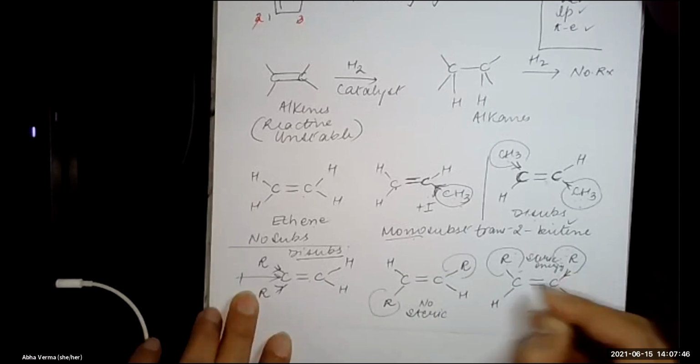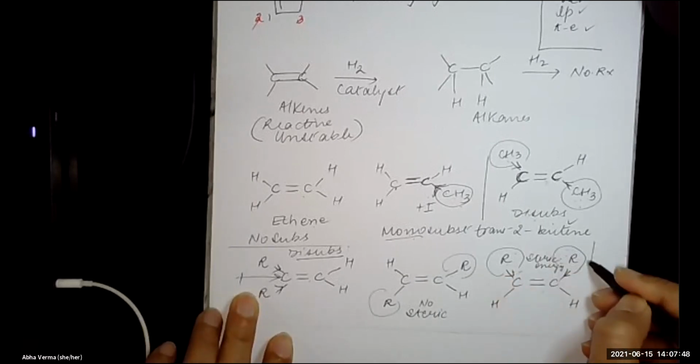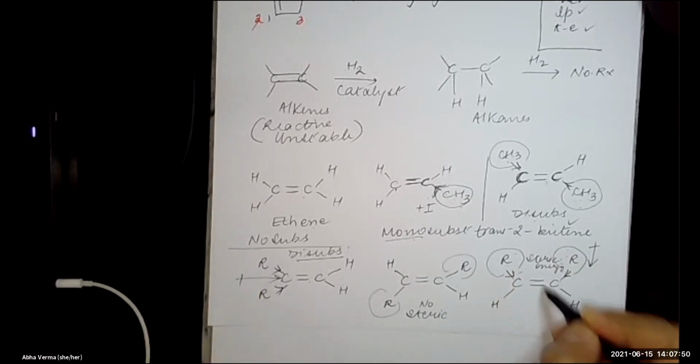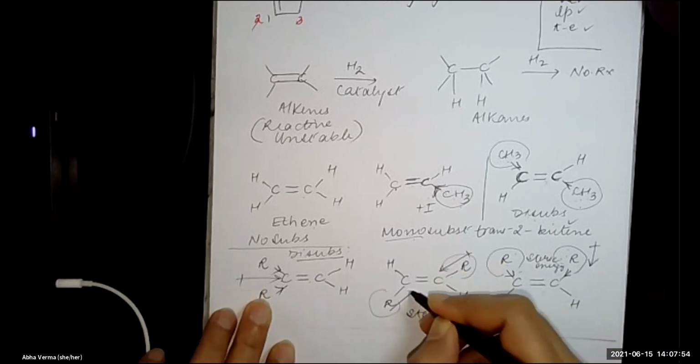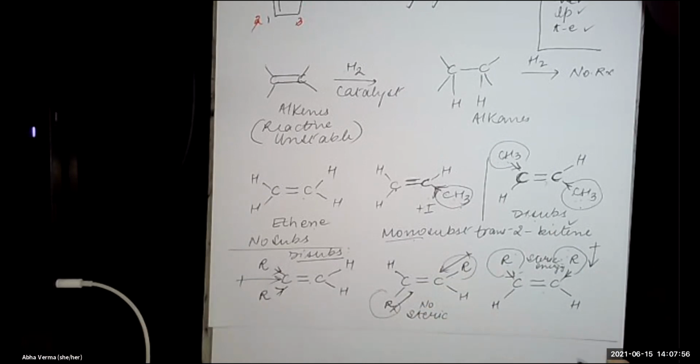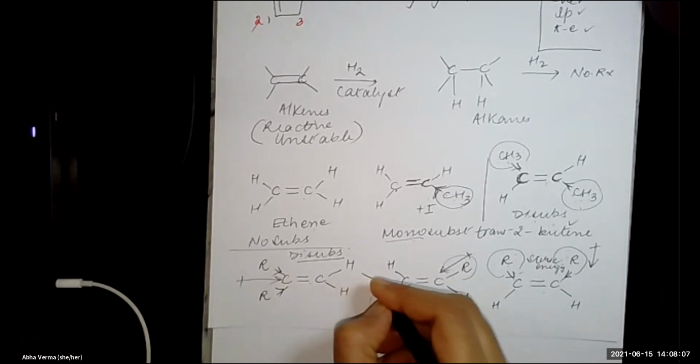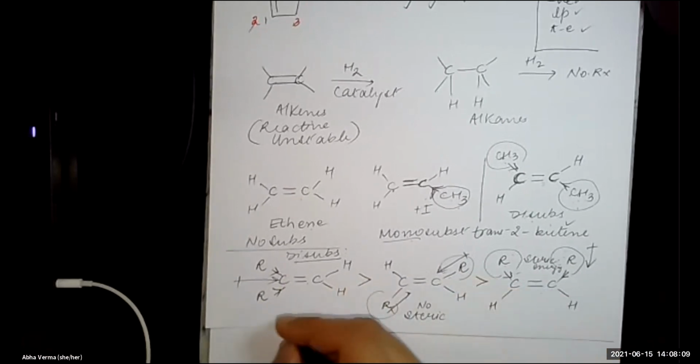Now in this case also, you can say that the resultant is going into the alkene. In this case also, the induction is going towards the same alkene. But it is this resultant from the same carbon that makes it the most stable alkene.